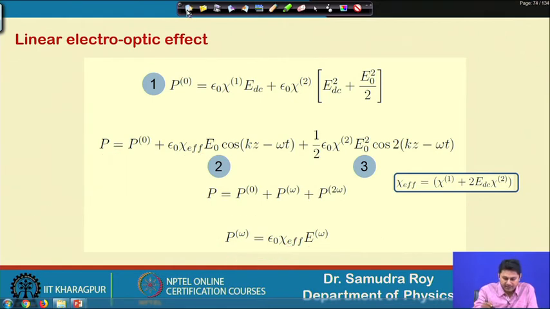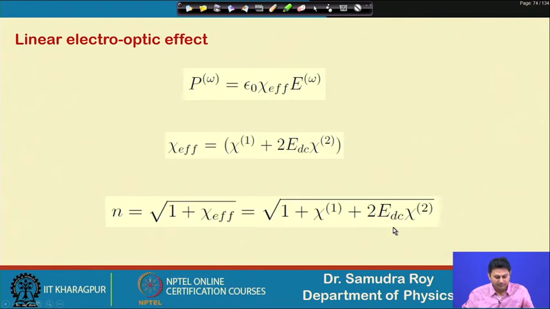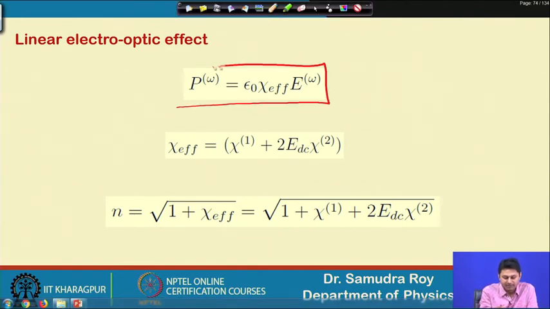So, if I write carefully, then we will find that P omega, as I mentioned, is epsilon 0 chi effective E omega, which has a new term that is appearing because of this DC effect.